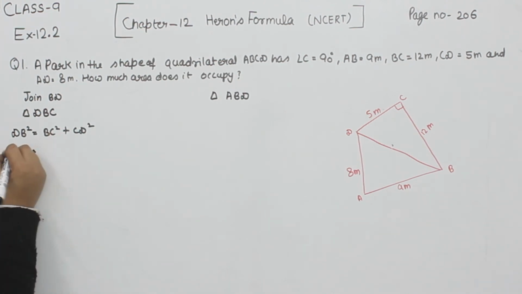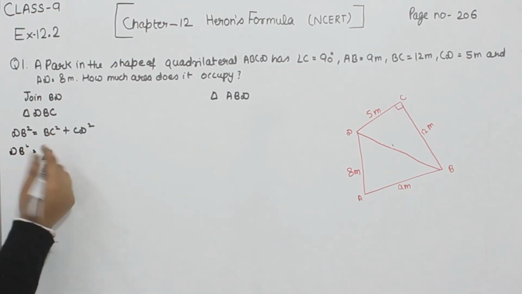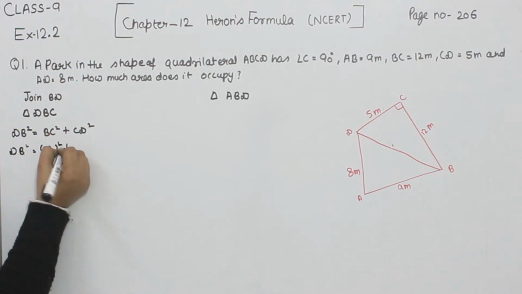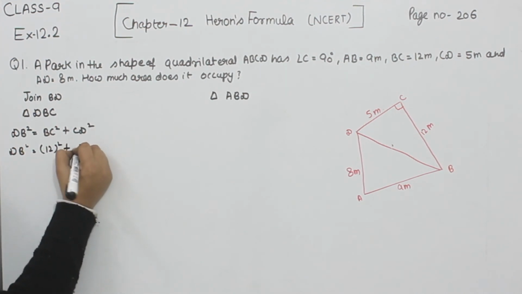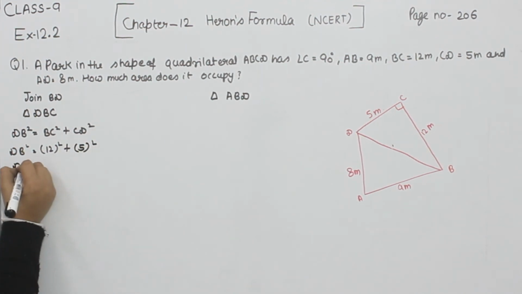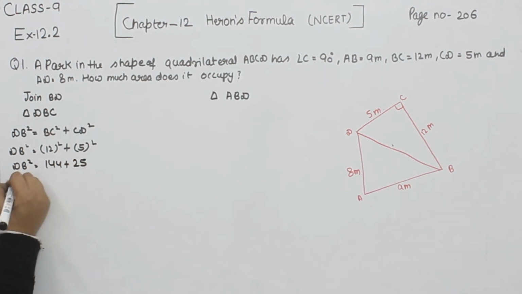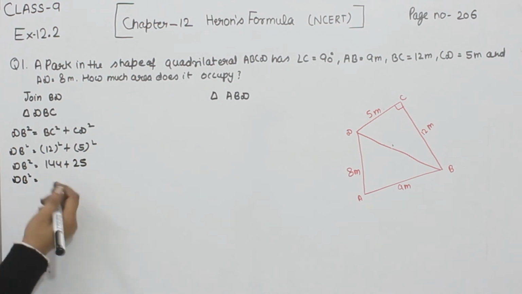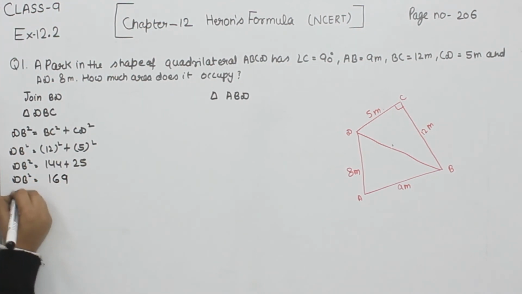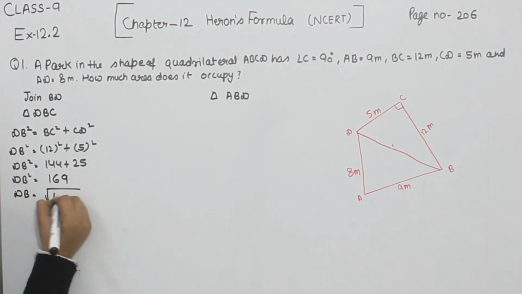Now DB square is equal to BC, we have 12 square plus CD, we are having 5 square. Now DB square is equal to 144 plus 25. Now DB square is equal to 169. Now DB is equal to root 169.